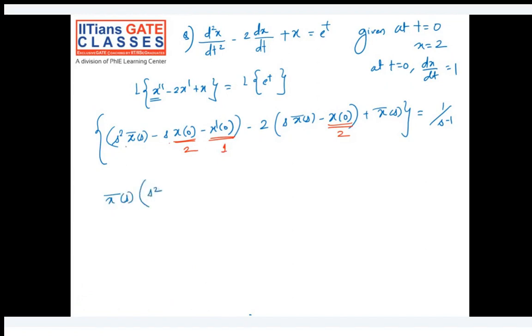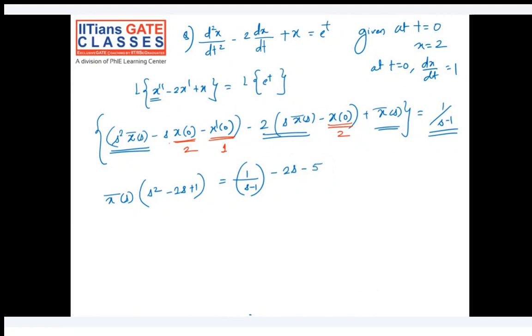S square minus 2s plus 1. This is what remains. And on the right hand side, what things are there? 1 upon s minus 1, that is as it is. And from here, it will become minus 2s minus 1 minus 4. So basically minus 2s minus 5 will be there.